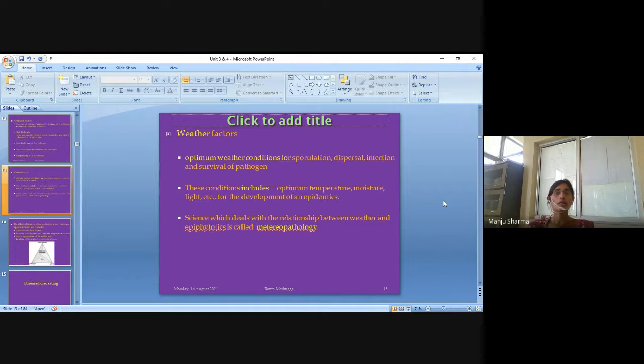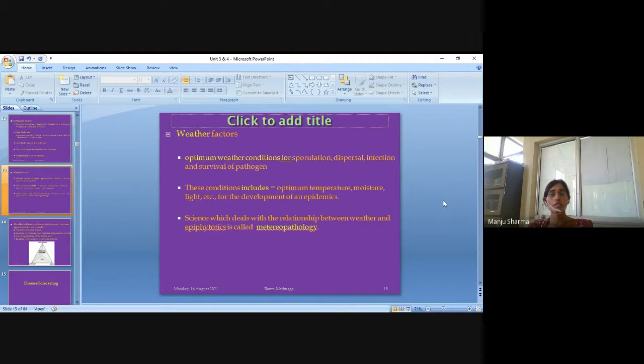The next factors are weather factors, meaning optimum weather conditions for sporulation, dispersal, infection and survival of the pathogen.